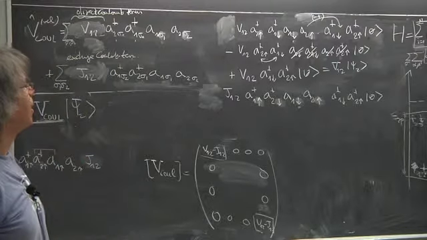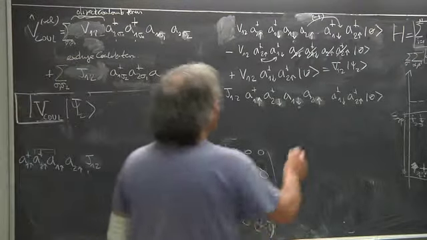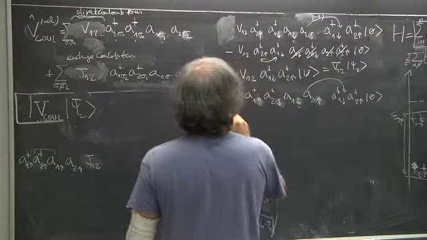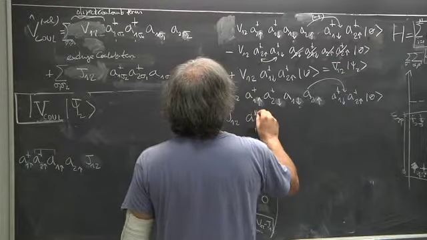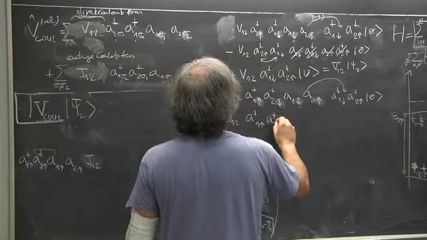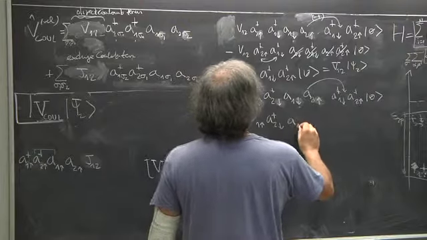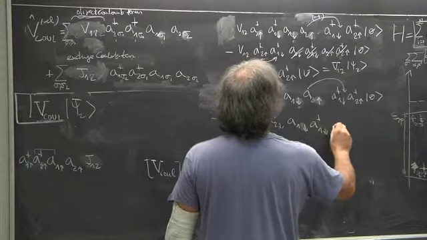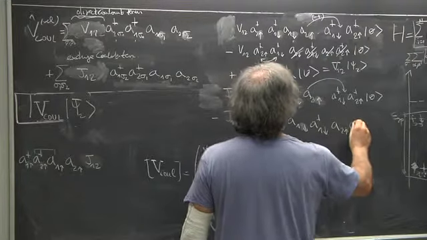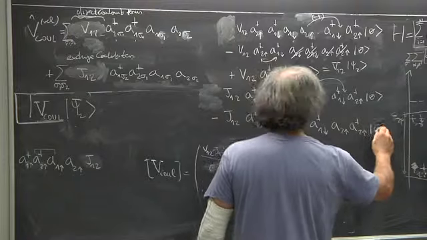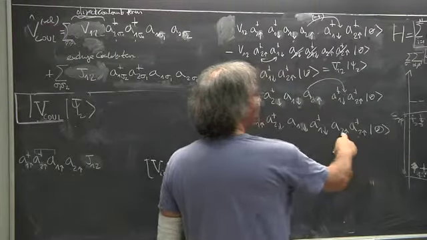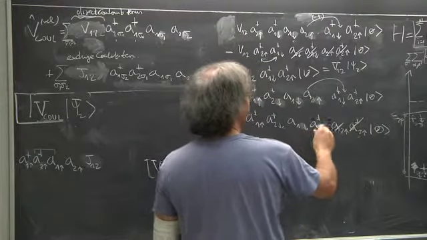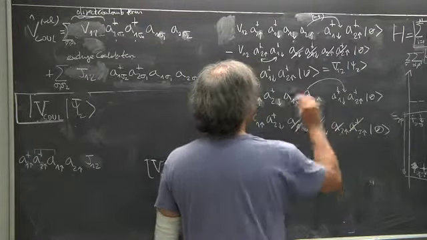Good. Usual thing. Pay a price. Bring this there. So minus J12, A dagger 1 up, A dagger 2 down, A1 down, A dagger 1 down, A2 up, A dagger 2 up, vacuum. Create and destroy 2 up. There you go. Create and destroy 1 down. There you go.